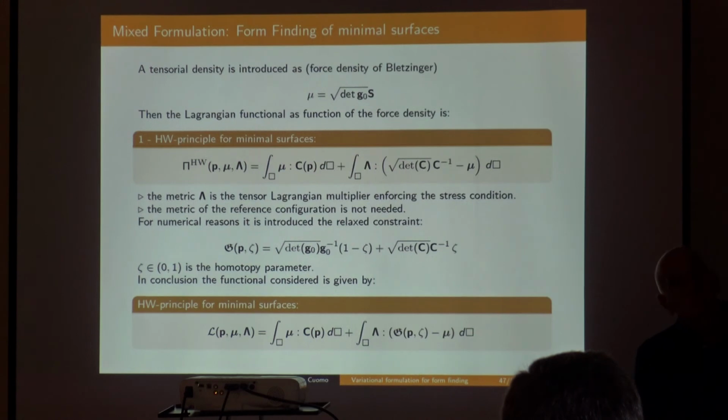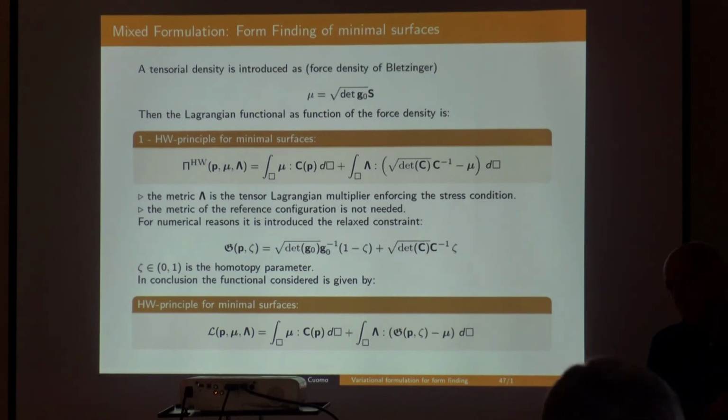There are some problems also in this case because we have to find a good initial solution. This can be done, for instance, by making a first step for finding it. And there are some other problems related to the fact that we have not enforced the positivity of these Lagrange multipliers, which are the force densities.